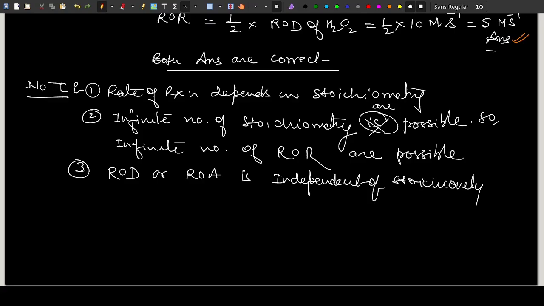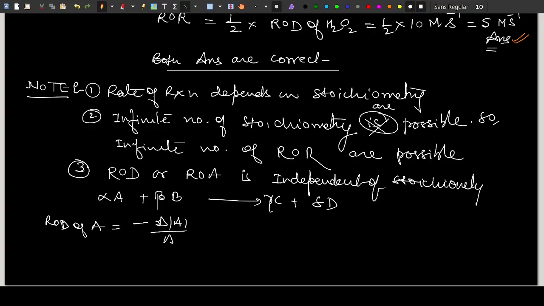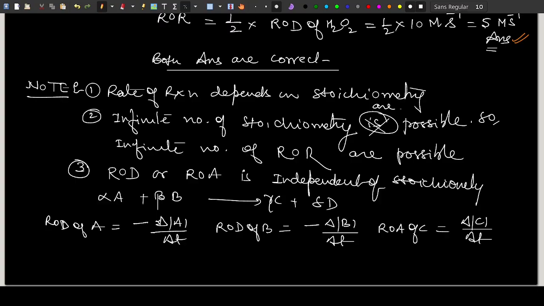For example, here alpha A plus beta B gives gamma C plus delta D. Rate of disappearance of A is minus delta A upon delta T. Rate of disappearance of B is minus delta B upon delta T. Rate of appearance of C is delta C upon delta T. Rate of appearance of D is delta D upon delta T. There is no use of stoichiometry here.